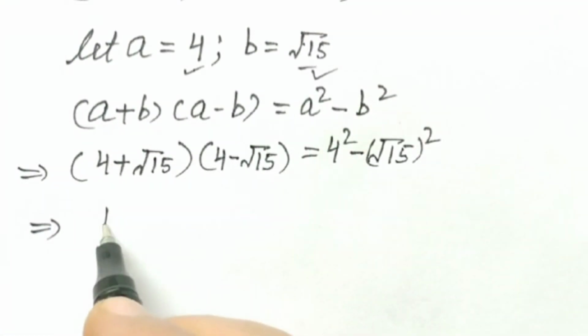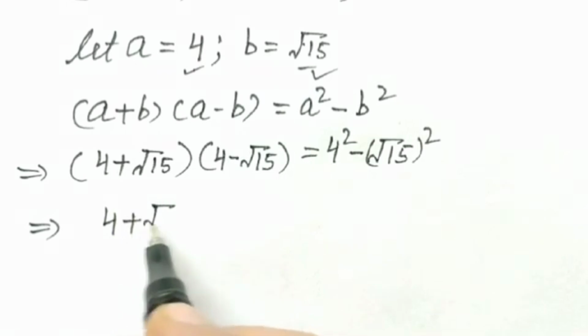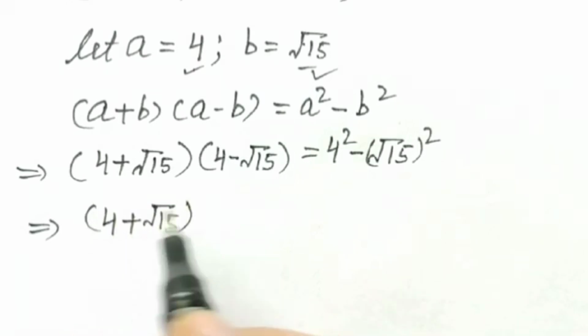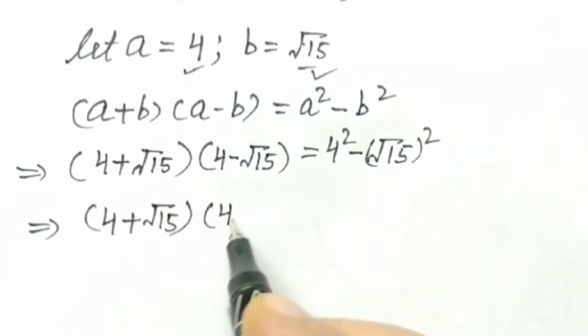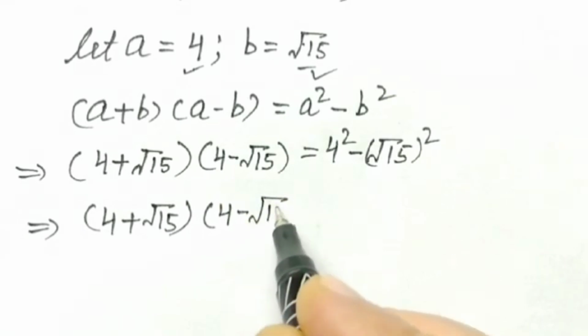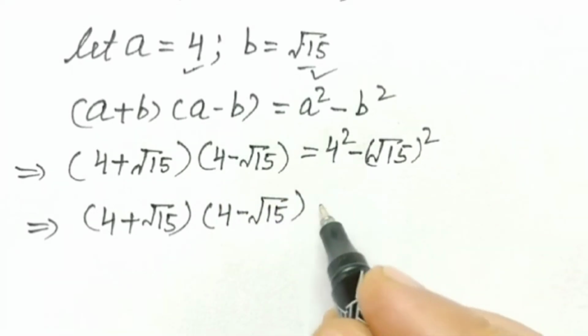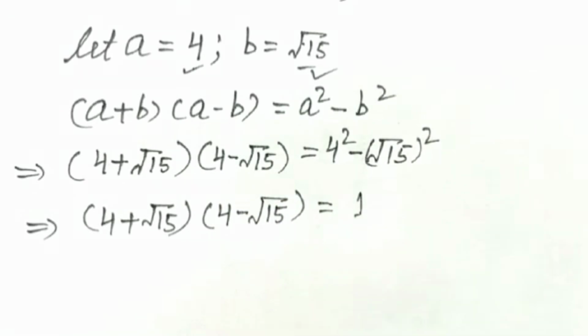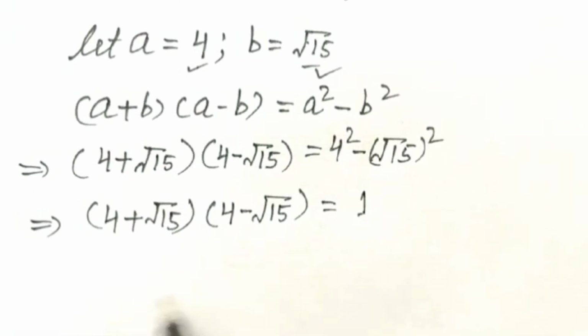Now (4 + √15)(4 - √15) is equal to 1, right?